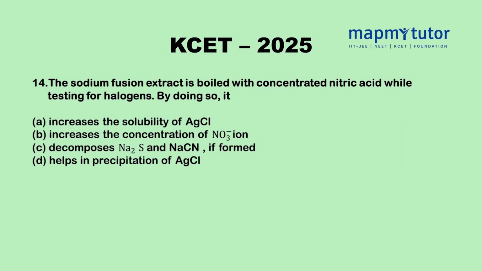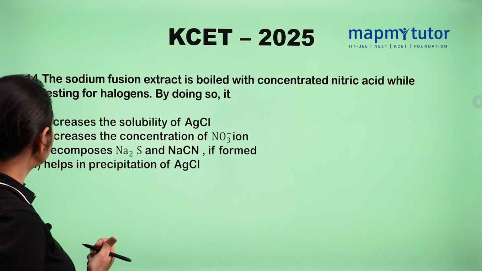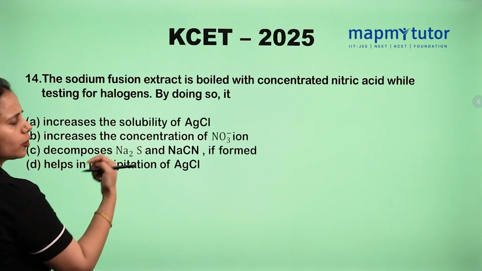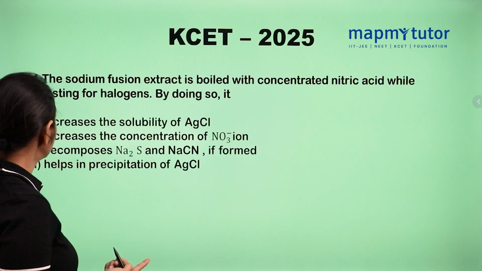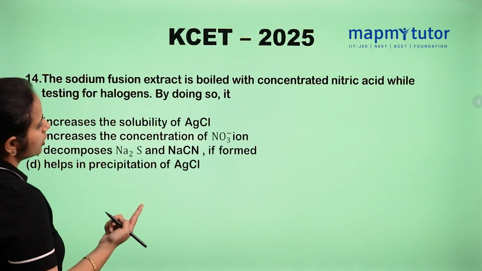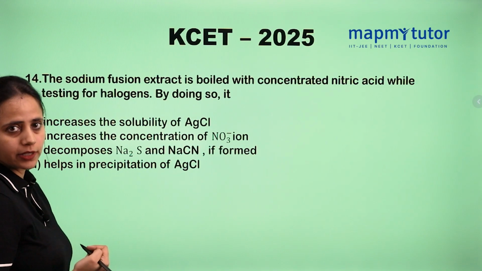The sodium fusion extract is boiled with concentrated nitric acid while testing for halogens. By doing so, what will happen? Either it increases the solubility of AgCl, increases the concentration of nitrate ion, decomposes Na2S and NaCN if formed, or helps in precipitation of AgCl.